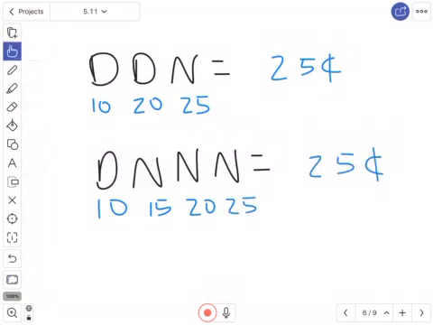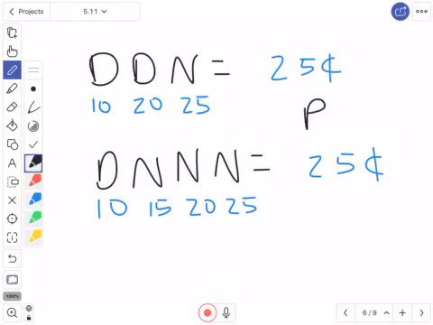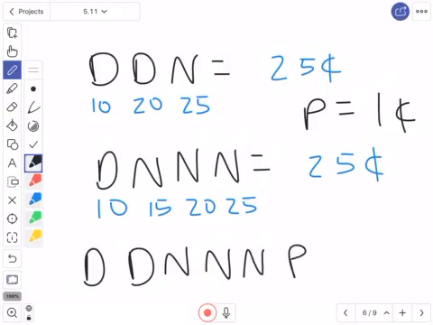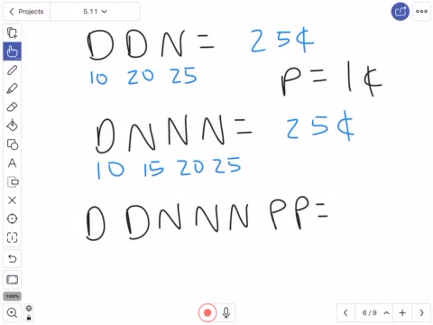Now remember that a penny, I'm just going to put it right here, 1 penny equals 1 cent. So I'm going to throw one more on here. Dime, dime, nickel, nickel, nickel, penny, penny. Okay, so a dime equals 10.